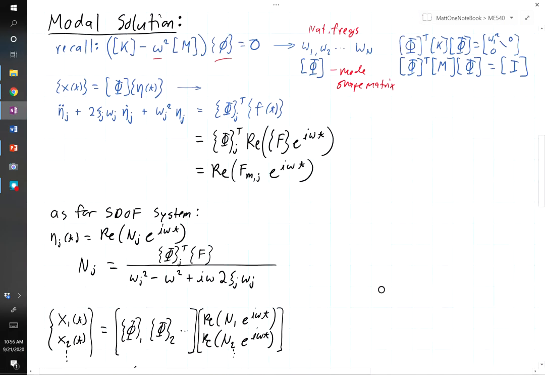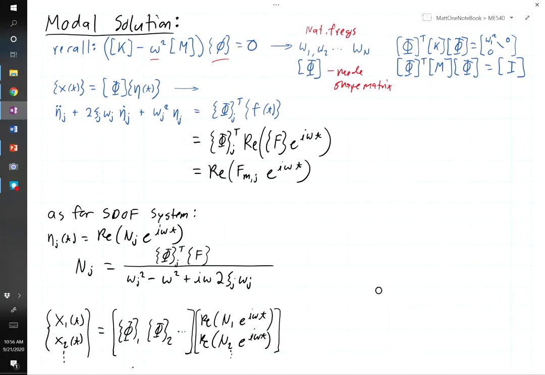All right, and we've already learned that if we plug this into our equation of motion, what we'll get is uncoupled equations for j equals 1 up to n, for each of the modes. So if we wanted to deal with the steady state response, we could plug in for the force our harmonic forcing.